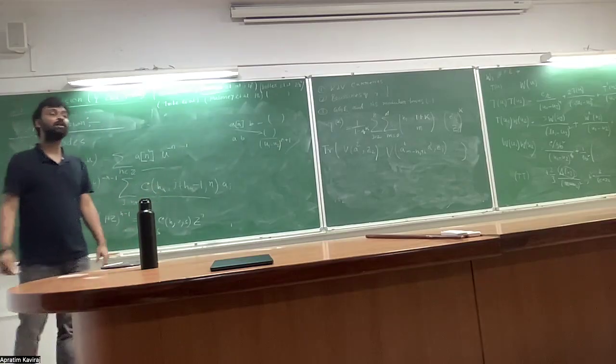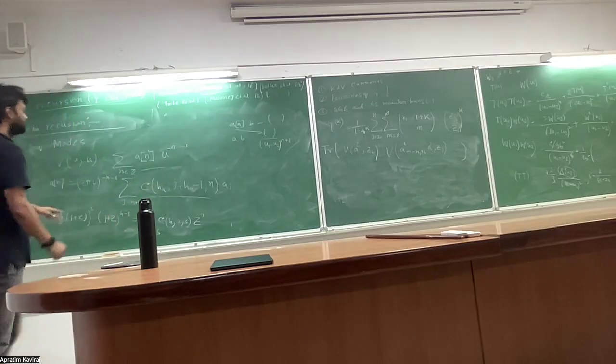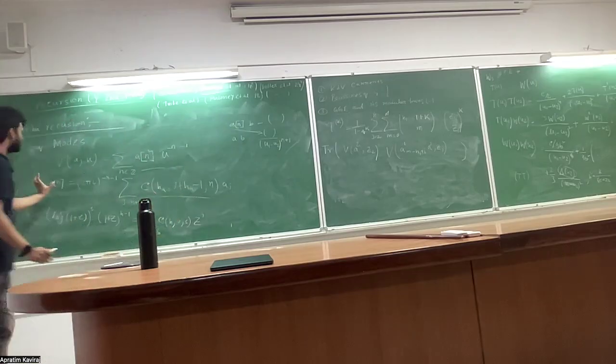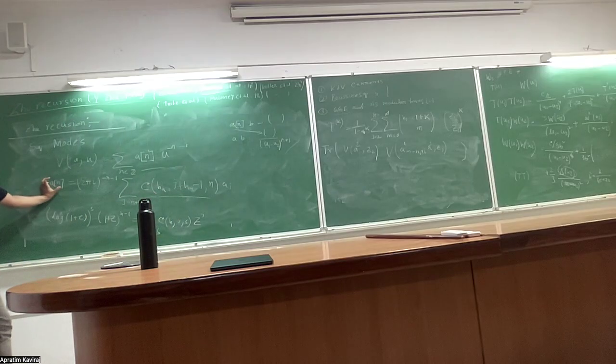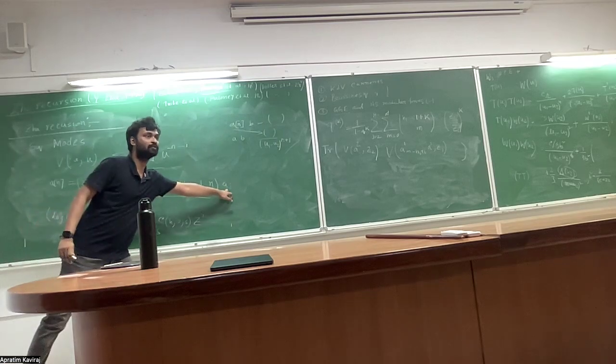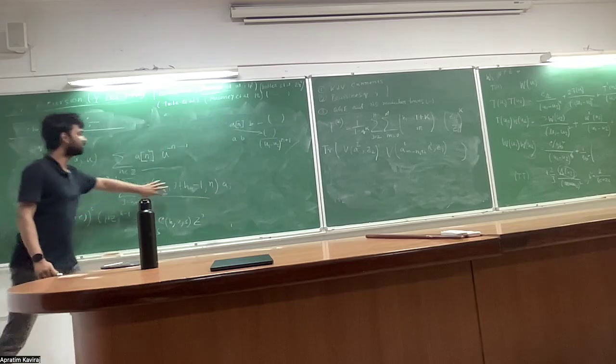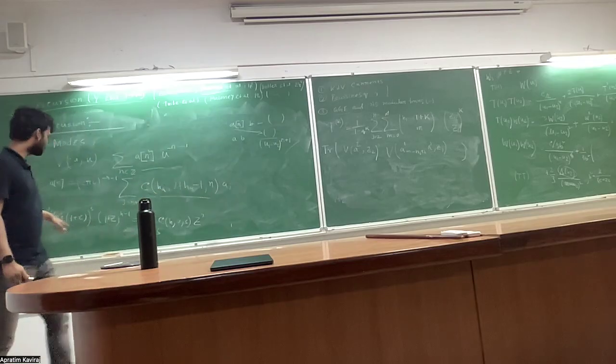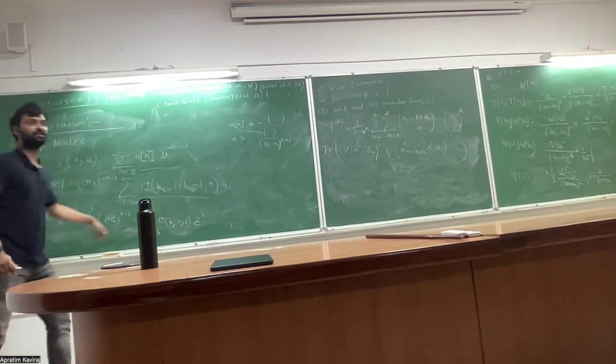What are the C's? Coefficients. Oh, these C's. So these are the square modes, which are the modes in the cylinder, but the square modes can be written in terms of plane modes. These are the plane modes, and these coefficients are those coefficients which can be computed using this expansion.